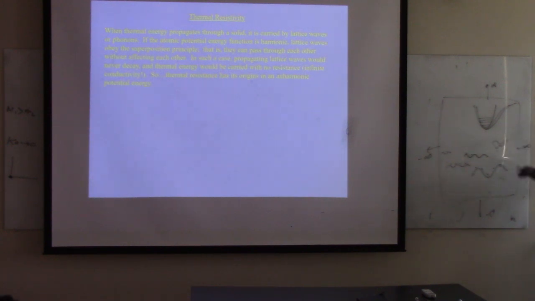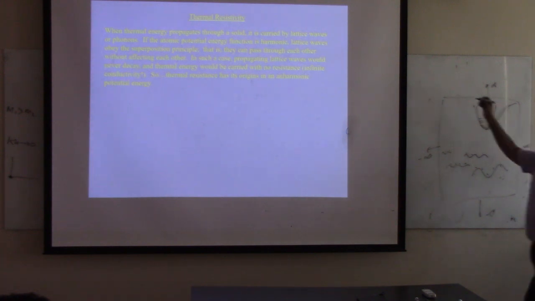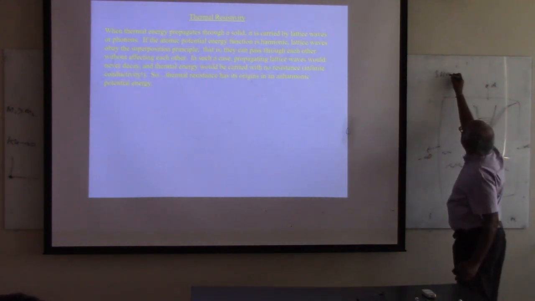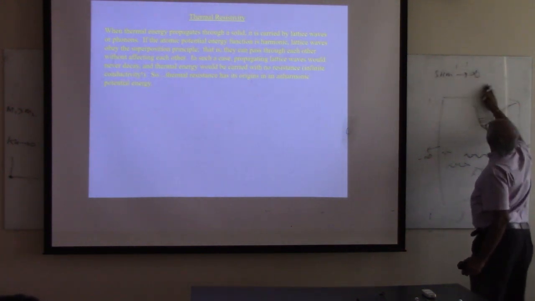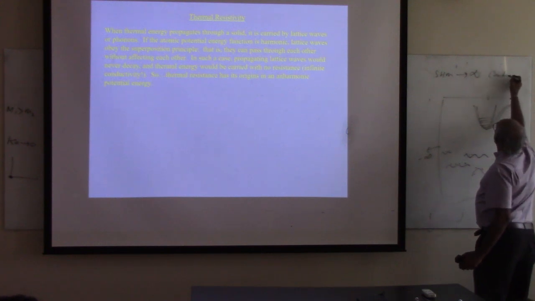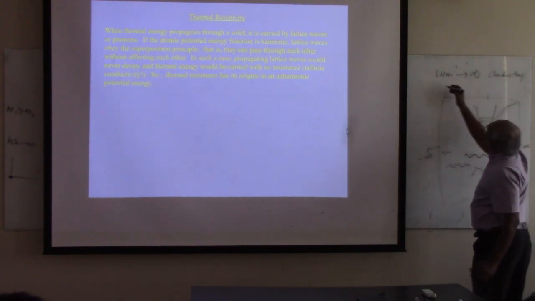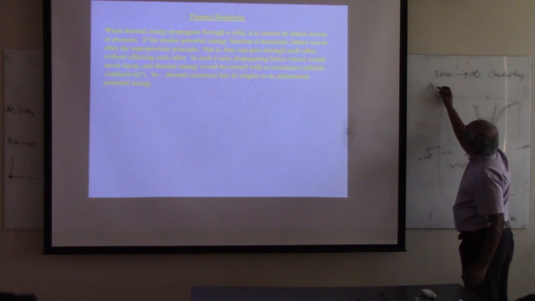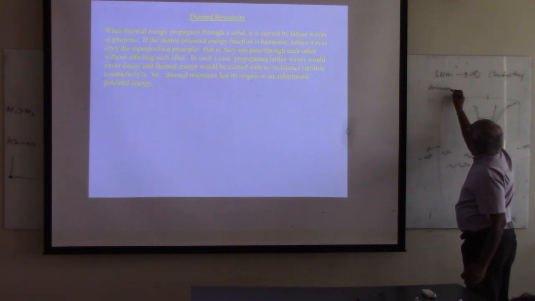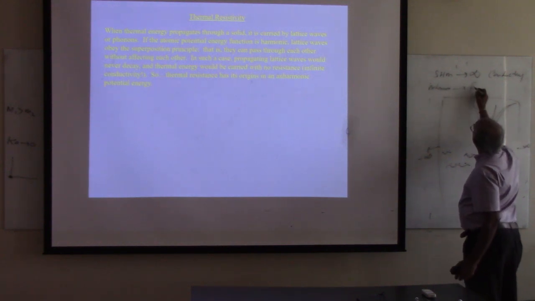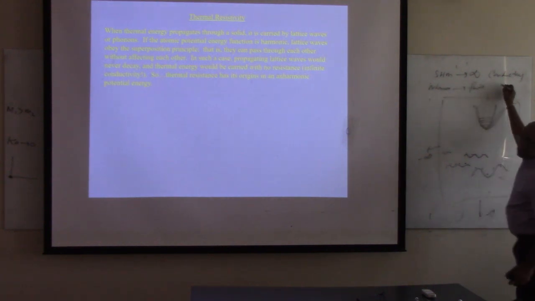So then your conduction mechanism becomes slow. That means you have a finite conductivity. You see, a simple harmonic oscillator gives you infinite conductivity. But if you assume an asymmetric anharmonicity, right? Anharmonicity will give you a finite conductivity. That's the whole idea.